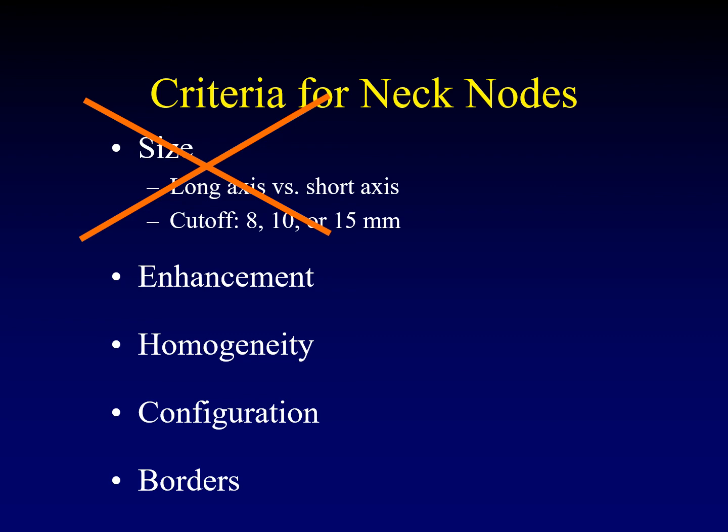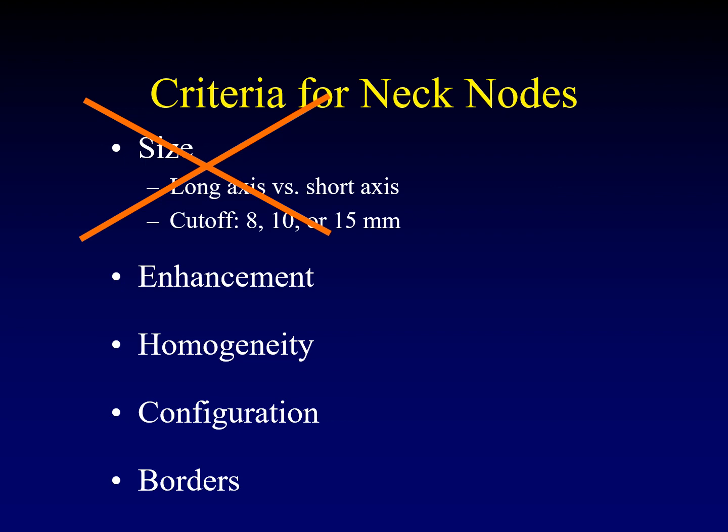So which of these is the best criterion for neck nodes? Well, people argue about it. By far, the one that gets published most is size criteria because it is quantitative. It's hard to argue when you put a ruler on a CT scan. But in my opinion, it is the least useful of these criteria.